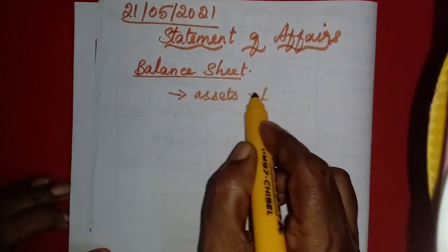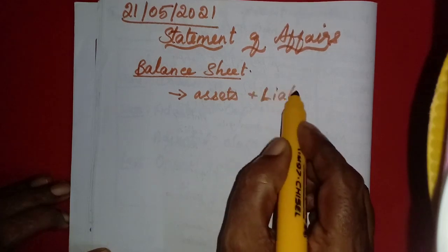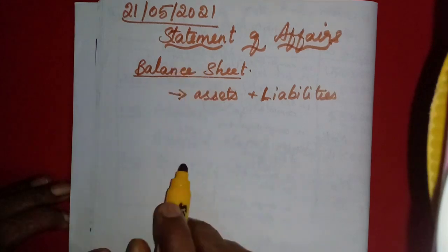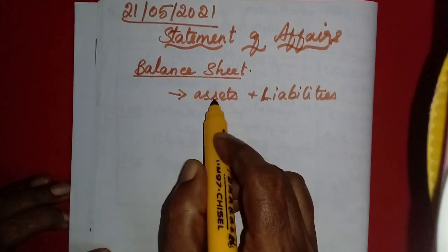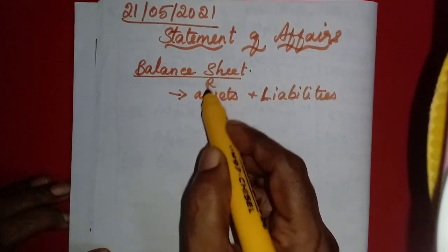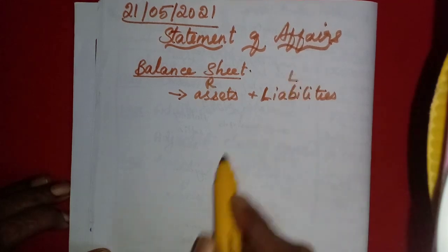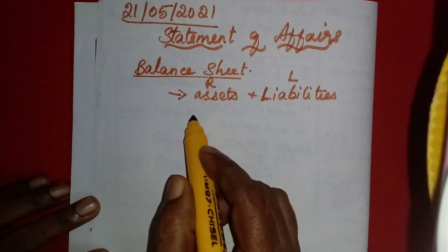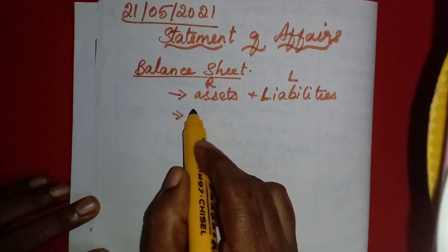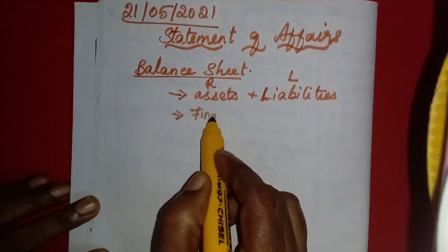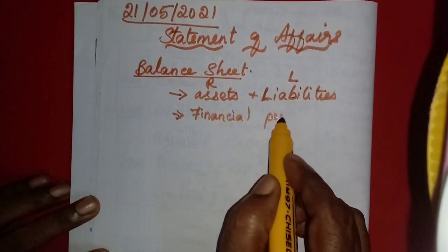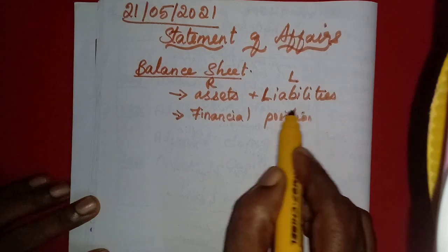Assets will be on the right side, and the liabilities will be on the left side. From the balance sheet we will find out the financial position.